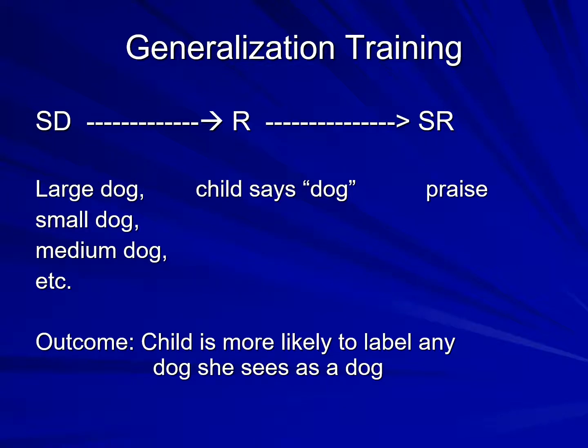One of them's got a little brachycephalic pushed-in face, and then the other has a long snout. They don't even look like the same species. They're both dogs though. So if we teach each one of those examples, we're more likely to get generalization across those examples.